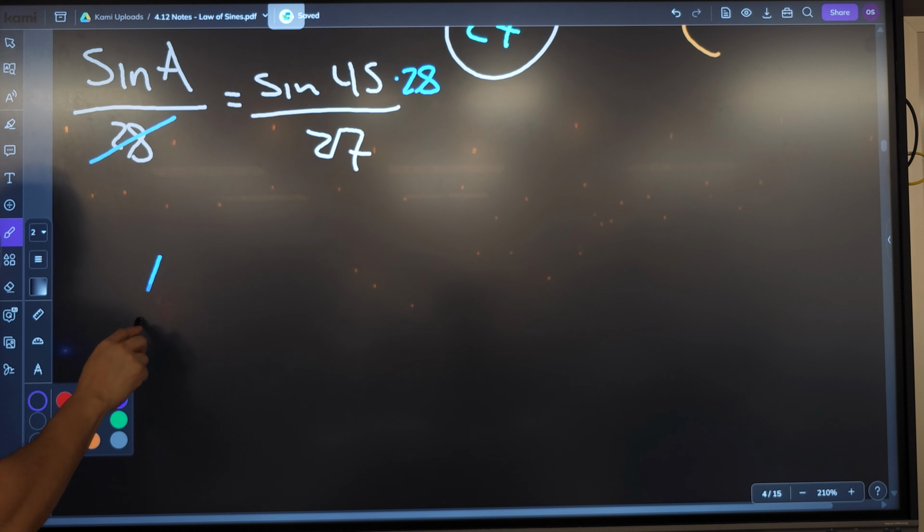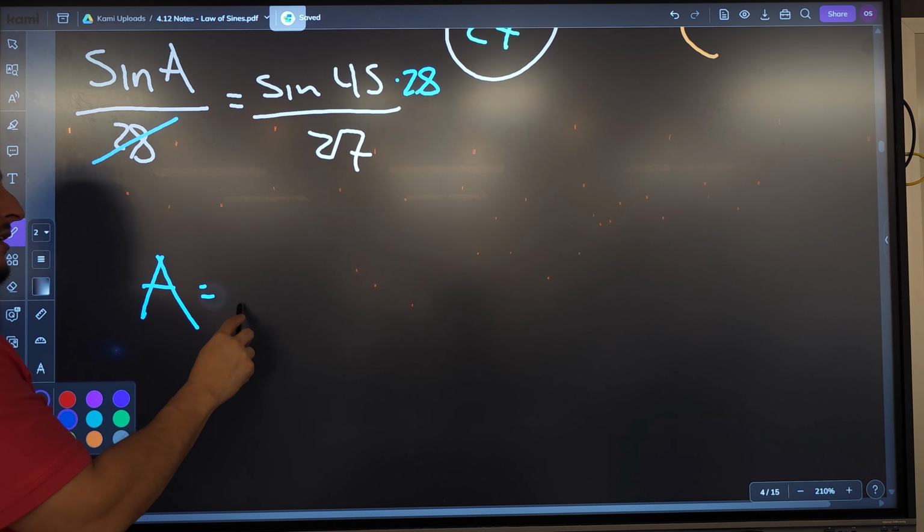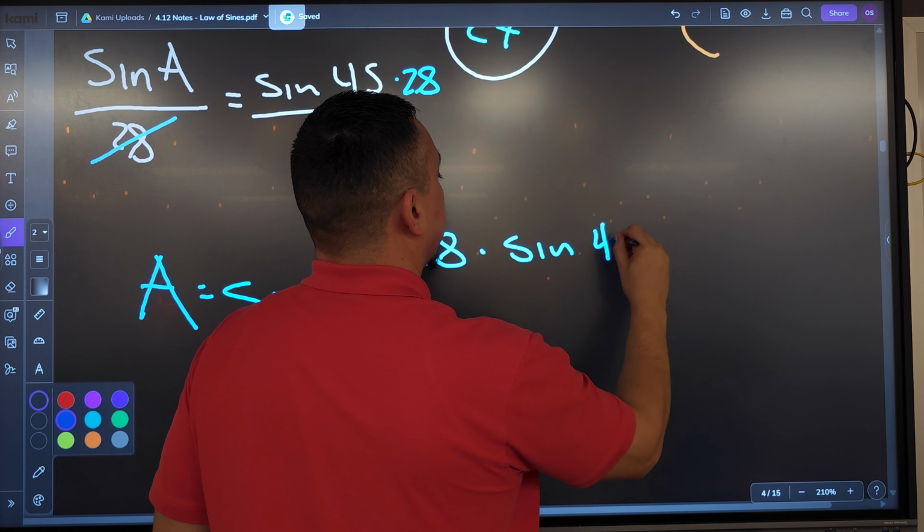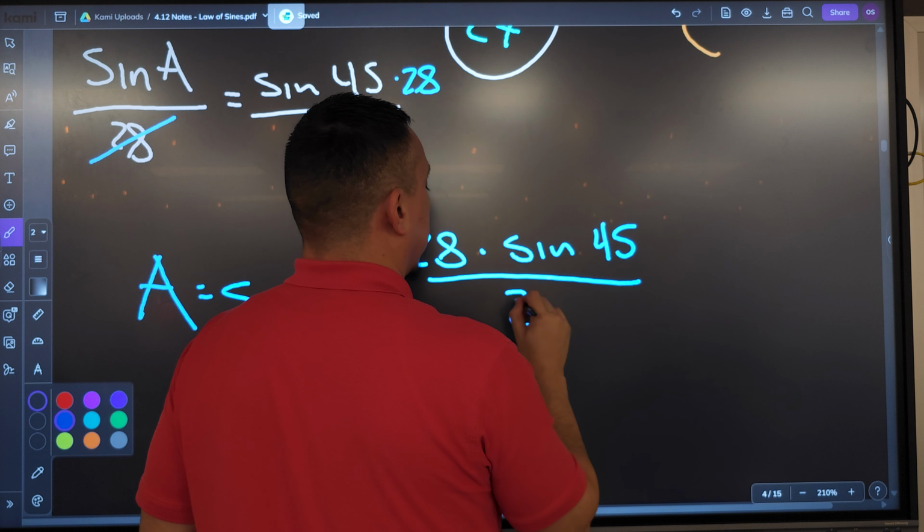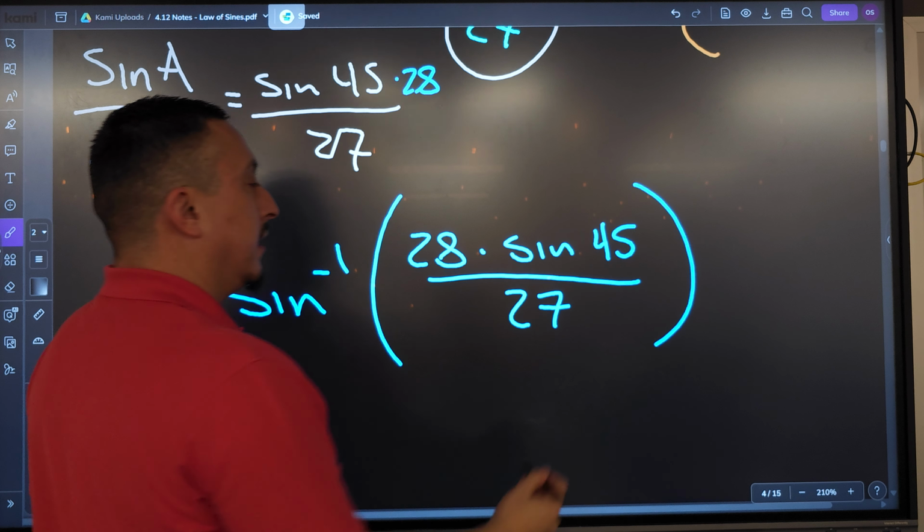Inverse. So angle A equals the inverse sine of 28 times sine 45. I suggest you put that 28, the number you're multiplying by, on the front so you don't accidentally end up multiplying the 45 times the 28 and making this huge angle on your calculator by accident.